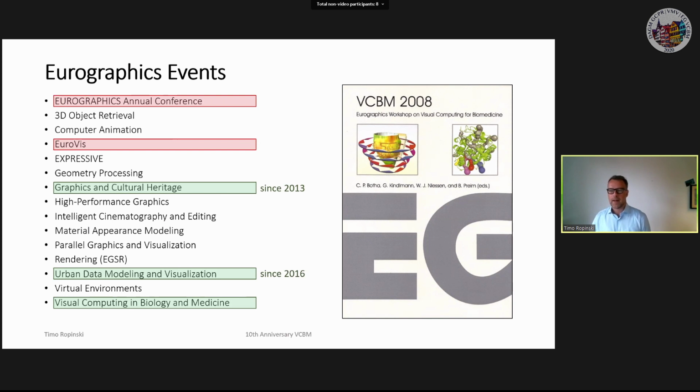And here you see the editors of the very first VCBM: Charl Botha, Gordon Kindlmann, Wiro Niessen, and Bernhard Preim. And the person in Eurographics who made all this possible was Heinrich Müller. He was a big support in going this, let's say, a bit exotic way to get a domain workshop into the Eurographics events.